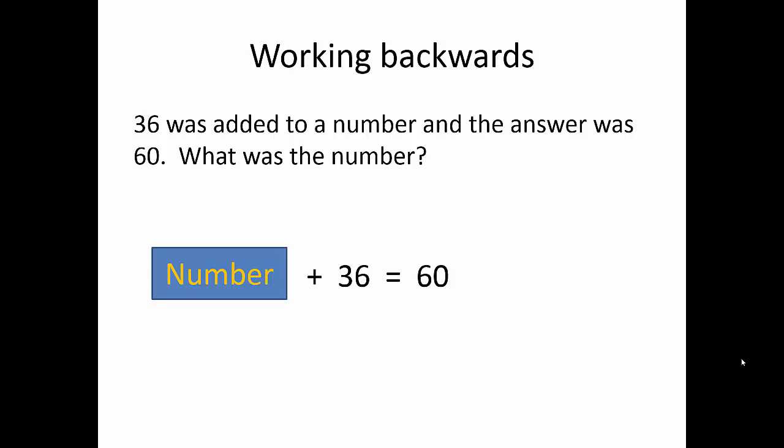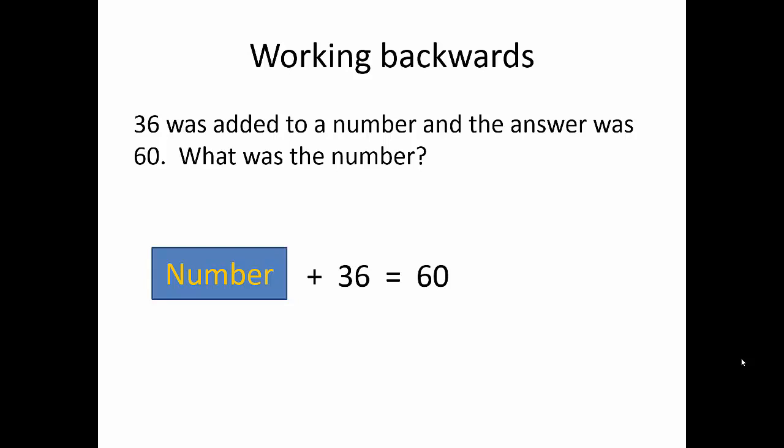I can also use my knowledge that addition and subtraction are opposites to work backwards in questions. This is useful for something called number bonds, and later when we look at algebra. So 36 was added to a number and the answer was 60. What was the number?